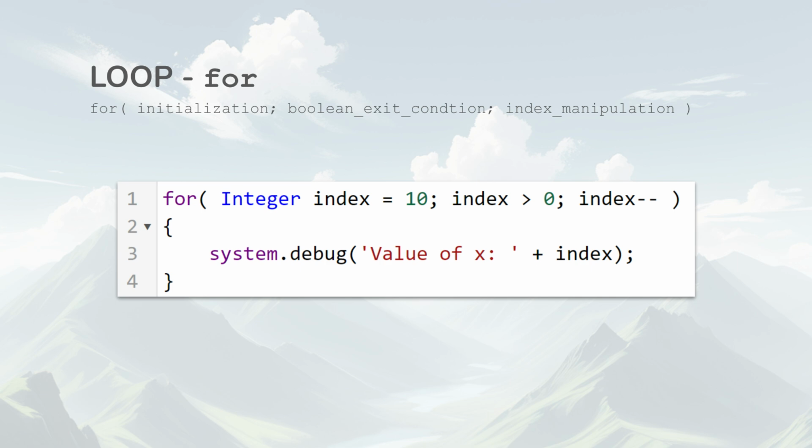The boolean exit condition is the condition that if evaluates to true causes the execution of the following code block, which is enclosed in the opening and closing curly braces. The index manipulation is the statement that gets executed at the end of the execution of the code block.